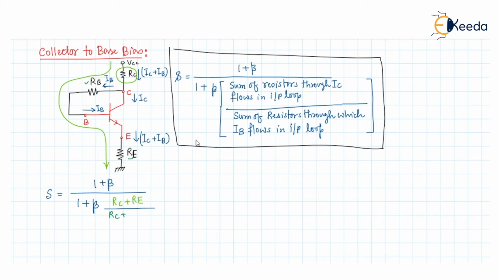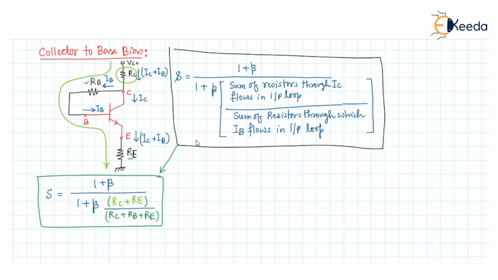So there will be RC plus RB plus RE. Through these three resistors, IB current is flowing, and through these two resistors, IC current is flowing. This will be the value of the stability factor of this collector to base bias circuit using RE resistance. The same equation can also be calculated using derivation, but we have used this method.